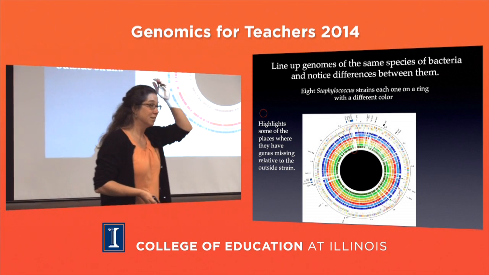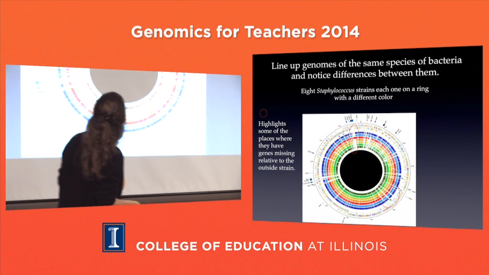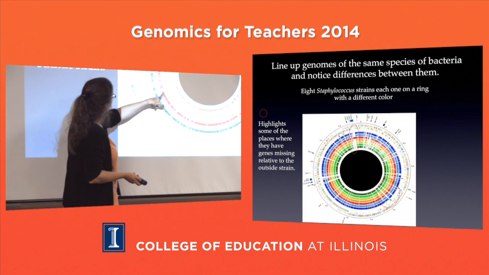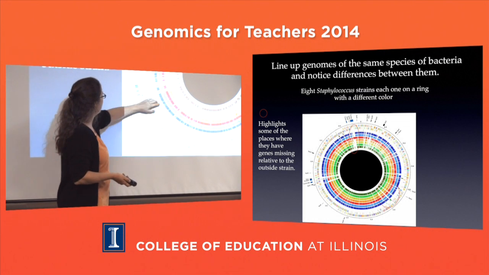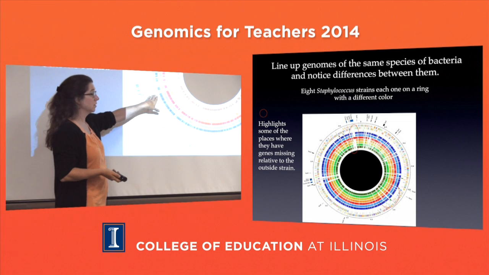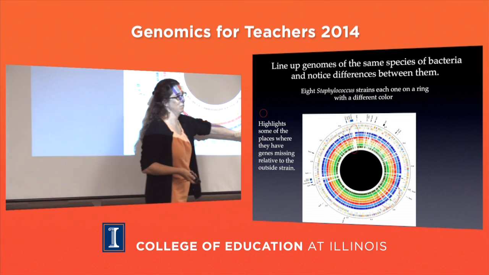Angela, this might just be about my bad eye, but on the white lines going out, are there ever any missing in all of them? Yes, there are some that are. The question is, what is it being compared to? It's templated on one strain, which is on this outside.